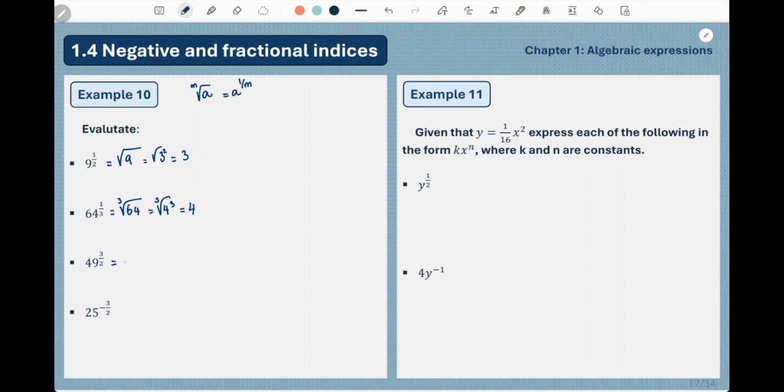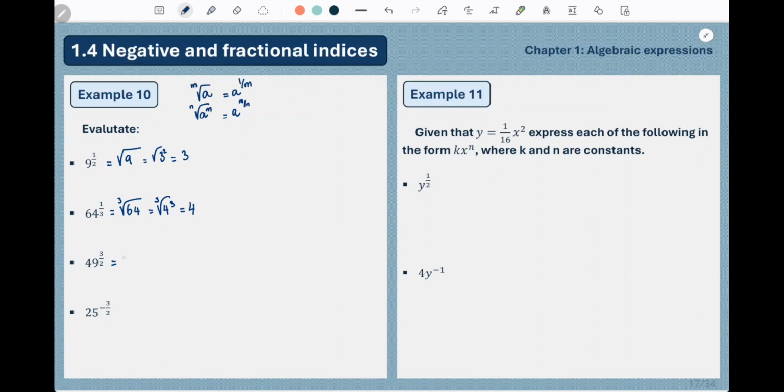For the last one, actually not the last one, how can we write this? From the earlier slide, if we have a to the power of m over n, whatever is in the denominator appears as the root, and the a to the power of m stays inside.